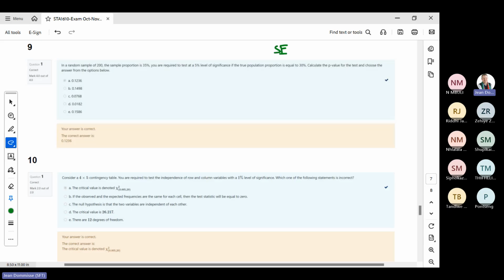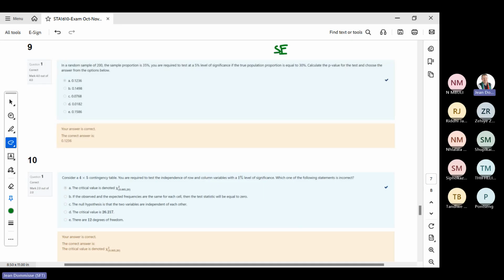Let's see if it allows me. No, it does not allow me to attach something. So I will definitely share it in the WhatsApp group.